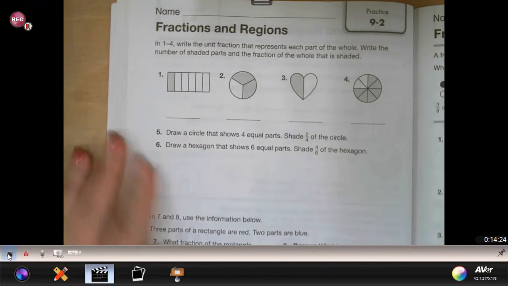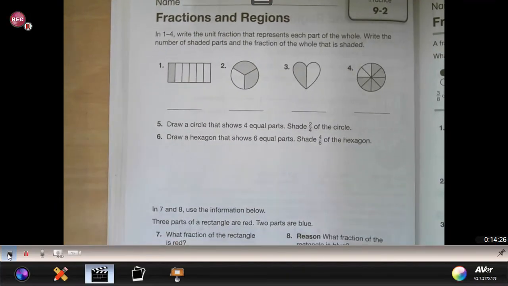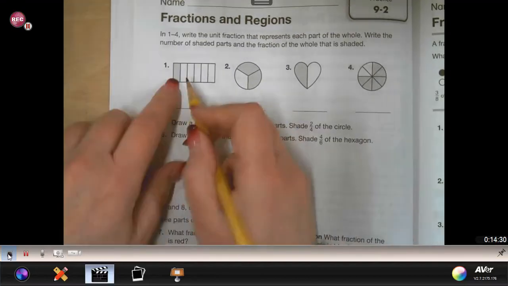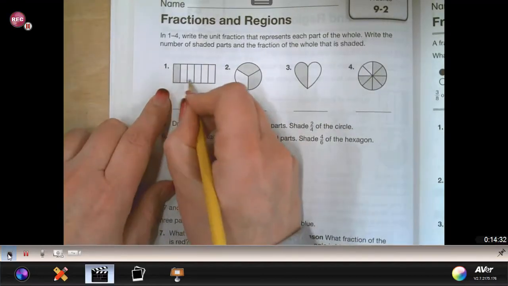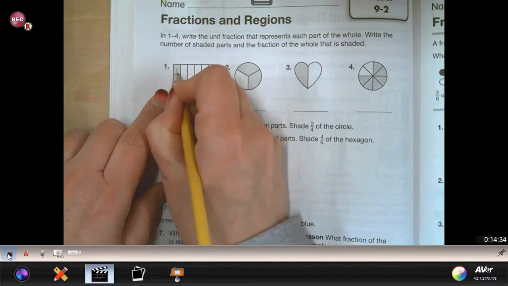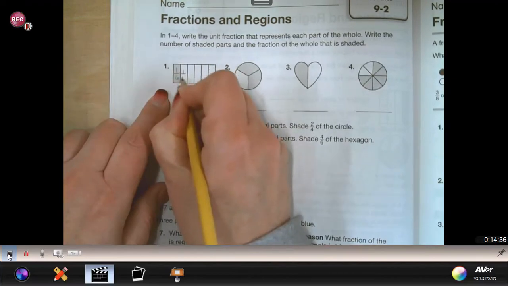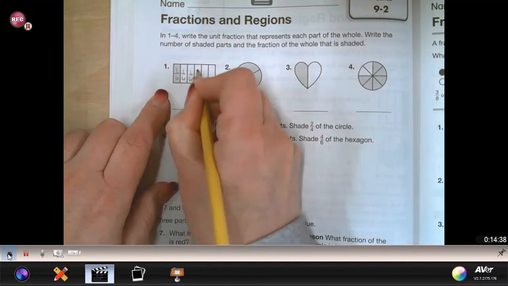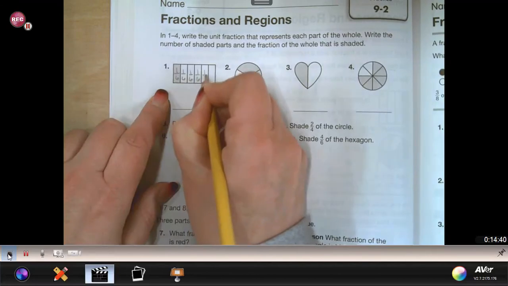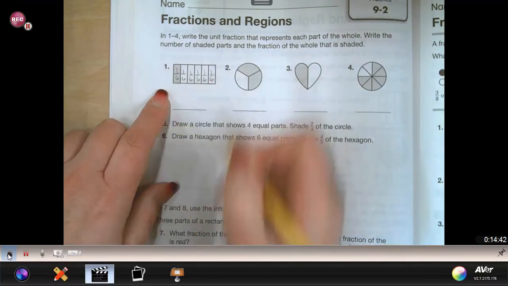You are doing this independently on your own, just like I did in the front. So you're going to label 1, 2, 3, 4, 5, 6. You're going to label each one of the unit parts of the fraction, just like I'm showing you here.